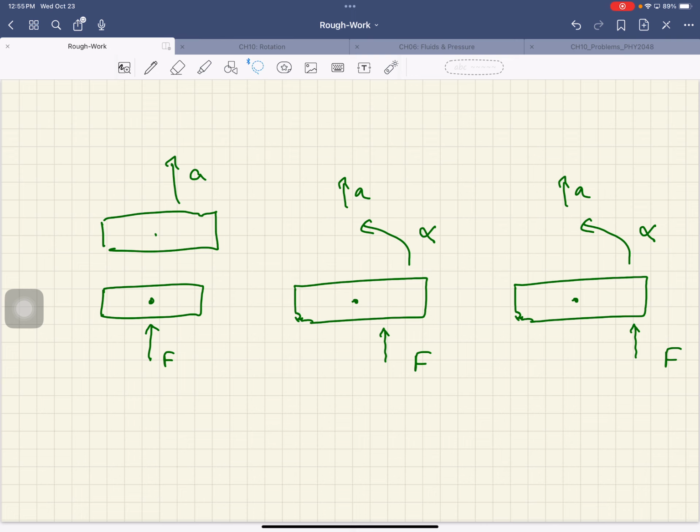Now what will happen? It'll spin even faster. So forces can give you linear acceleration and angular acceleration.